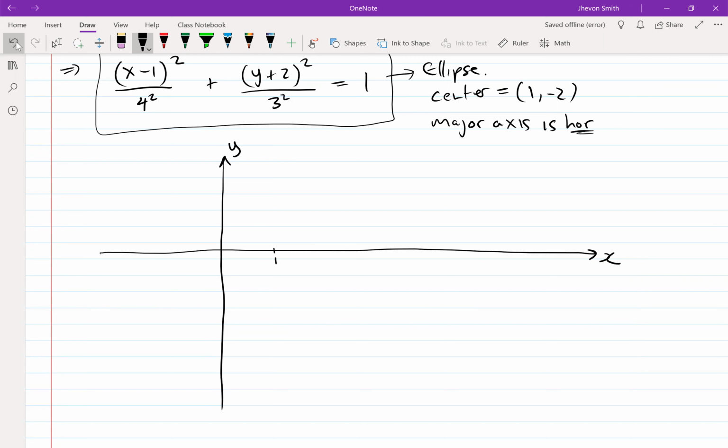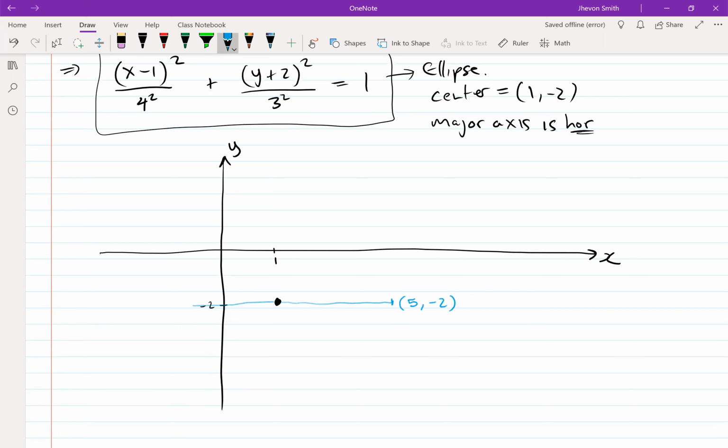So let's call that 1, call this minus 2. So that's the center. Now I know I want to move 4 units in the x direction. So I'm going to do 4 units over here. So at this point, you're going to be 5, comma, minus 2. You can figure that out just by taking 1 and adding 4.